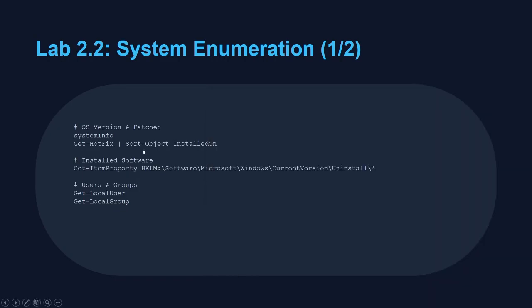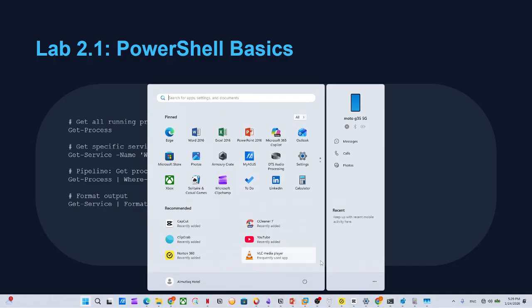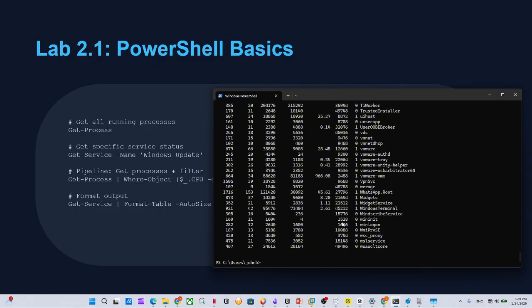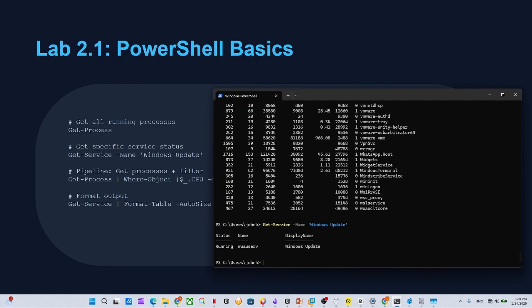So let's go back here and try a different command. Get-Service -Name wuauserv, the Windows Update service.